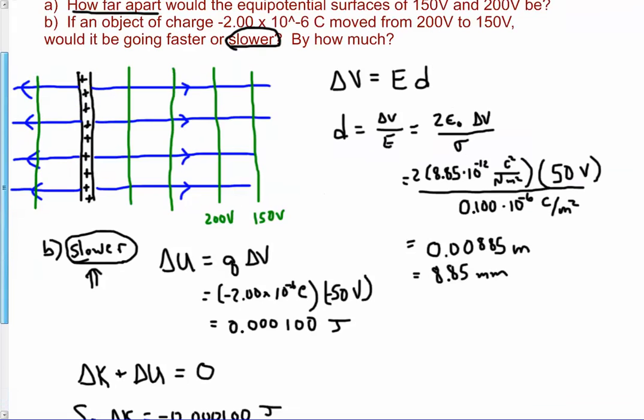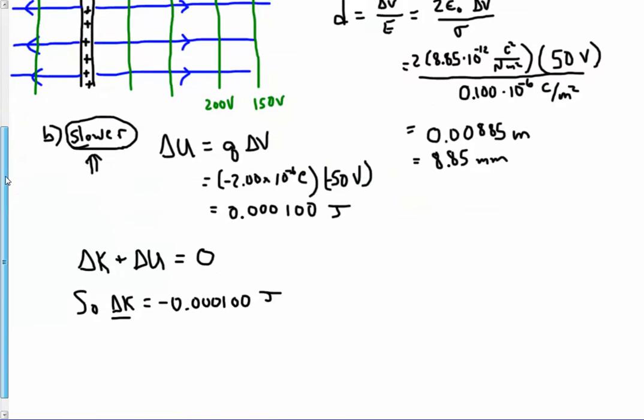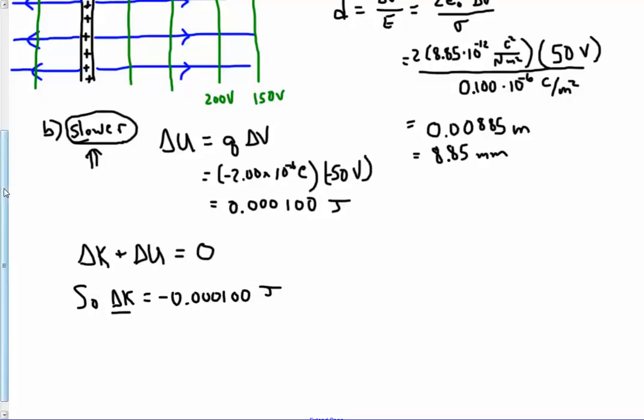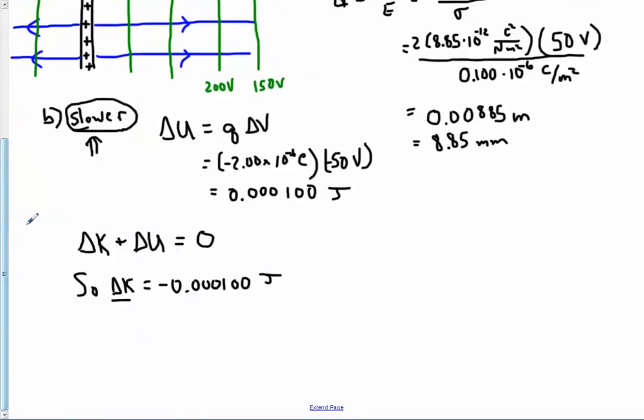So now, actually, we can't really answer how many meters per second it goes down because I didn't give you the object's mass, and we don't know what the initial velocity is, right? So at this point, if we had the information, we could solve for, say, final velocity.